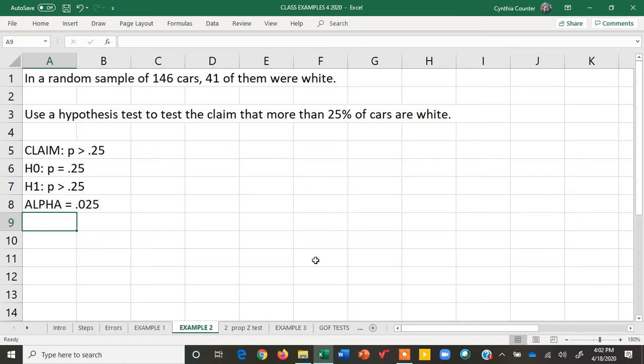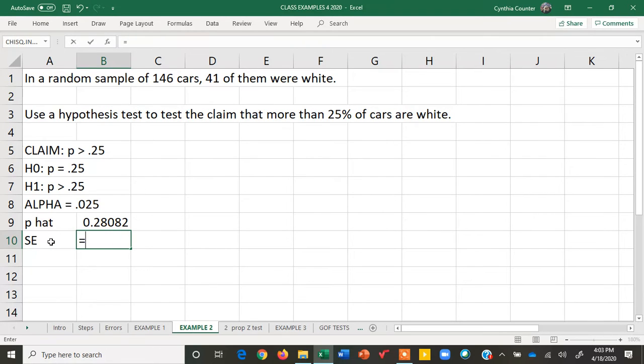Now let's do our computations, and we'll start by computing P hat. So that equals 41 white cars out of a total of 146 cars. So 41 divided by 146. And we get about 28%, right? 28.082, 28%. Let's compute the standard error.